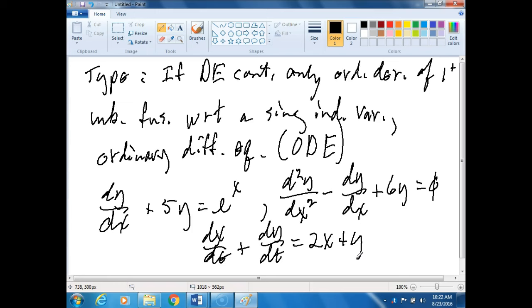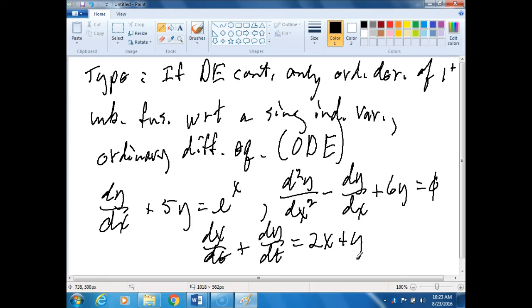That's a linear differential equation. This is a linear differential equation. What would it mean to be other than that? If this thing were squared or cubed or to the 1/2 power, or any of these were squared or cubed or to the 1/2 power, that then would be tending toward a nonlinear. These are linear because all of your derivatives are to the first power, including the function itself.